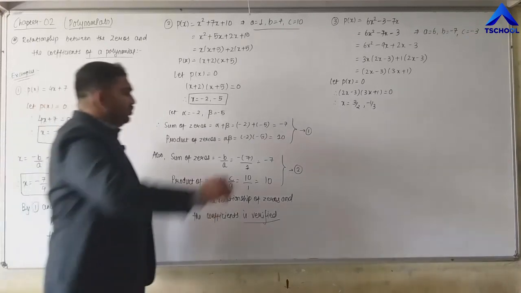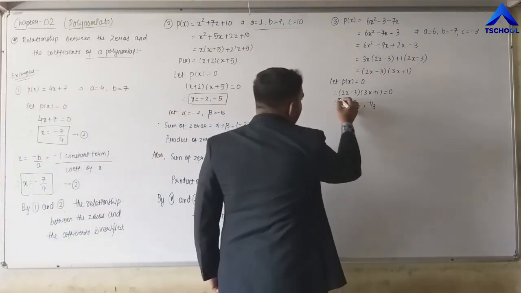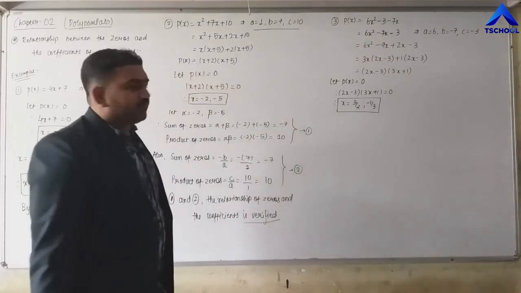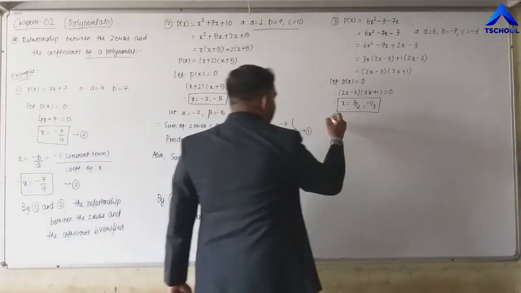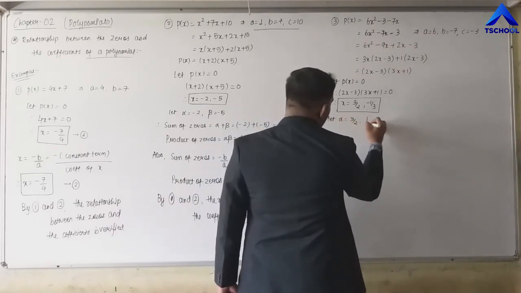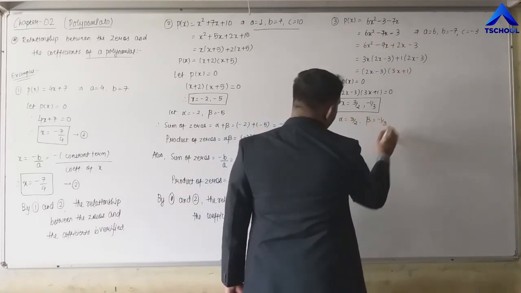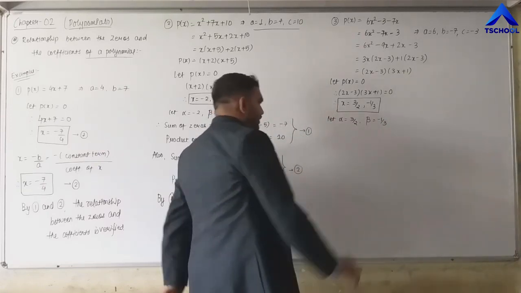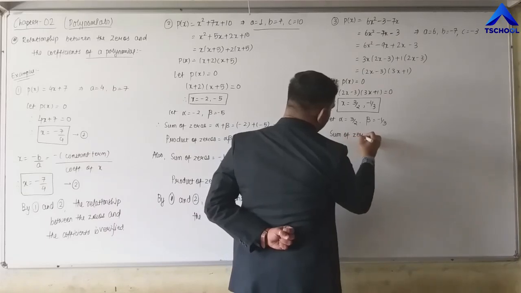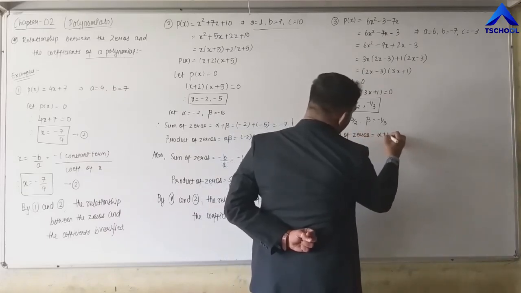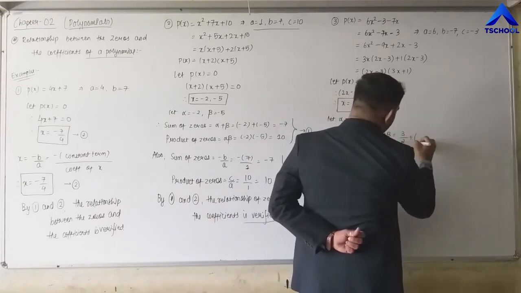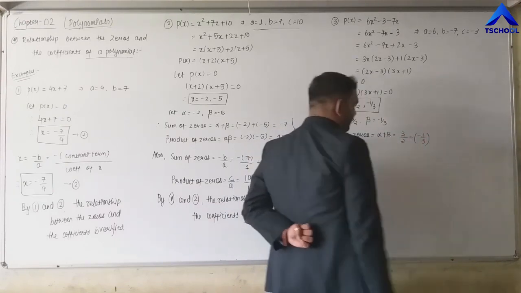Okay, so we got the zeros, x equals to 3 by 2 and minus 1 by 3. Now let alpha equals to 3 by 2 and beta equals to minus 1 by 3. Let us find out the sum of zeros, that is alpha plus beta, that is equals to 3 by 2 plus minus 1 by 3.